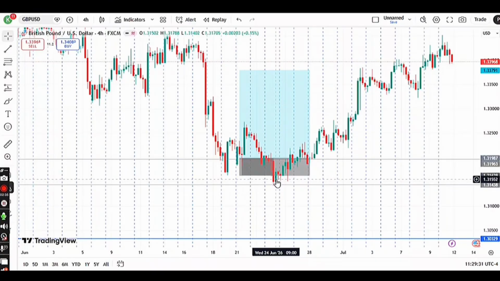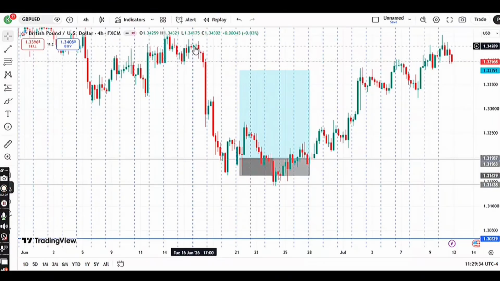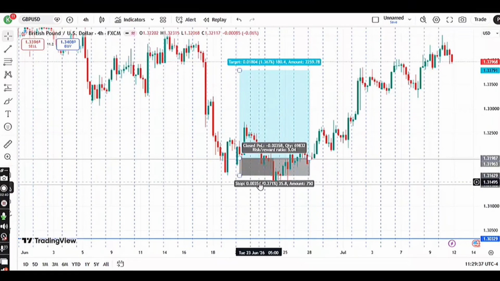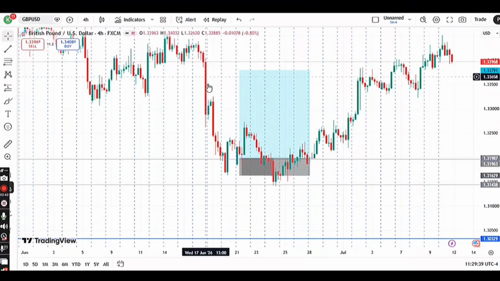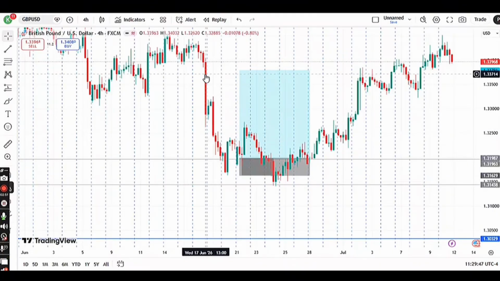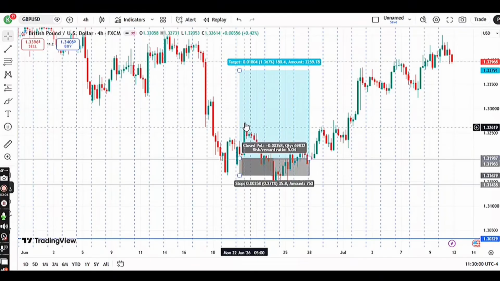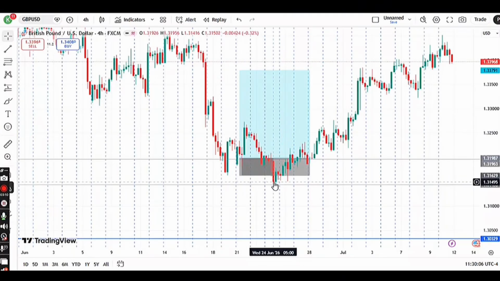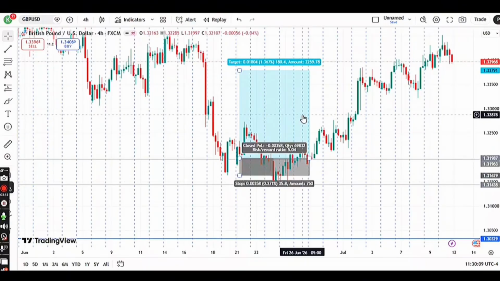Now, the reason why I told you to look at the run that led to that particular zone, to know how many gaps there are before then, is because there is always a high probability that the market will, if there are two gaps before the market reaches that particular zone, first of all visit the first gap and then retest that particular zone before it continues in that direction.